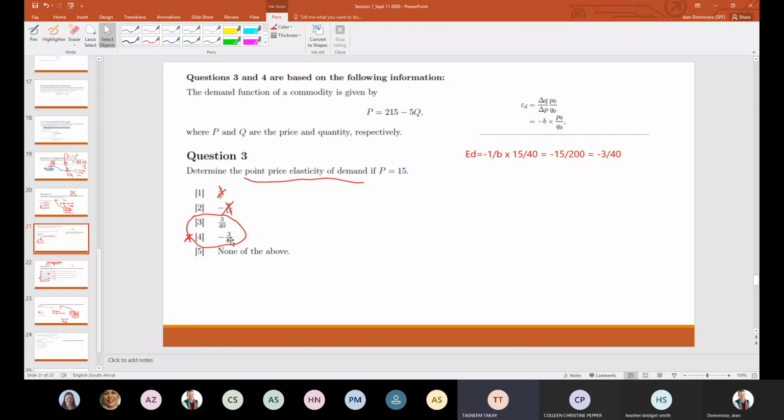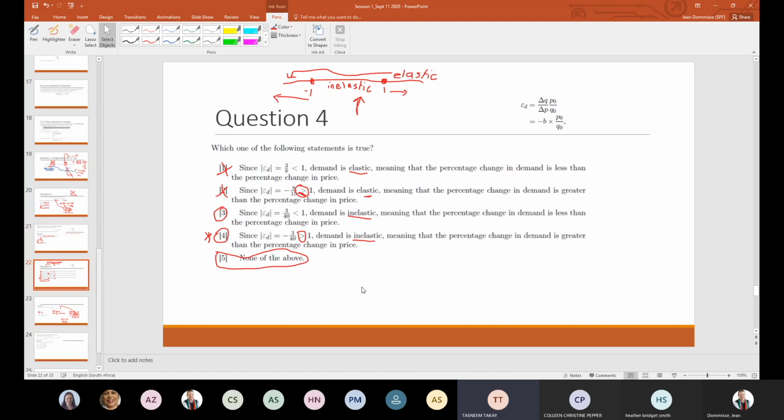Yes, I got the exact same as you. But if I read the question in number 4, the one that made the most sense was number 3 over here, because it says 3/4 is less than 1. Demand is inelastic: the percentage change in demand is less than the percentage change in price. That entire statement is correct.